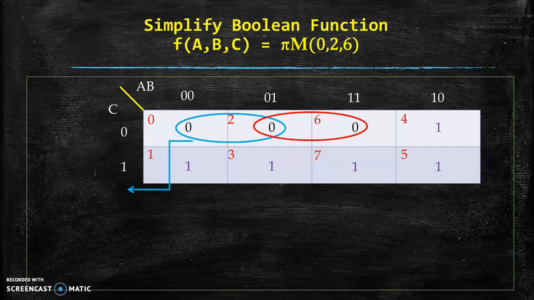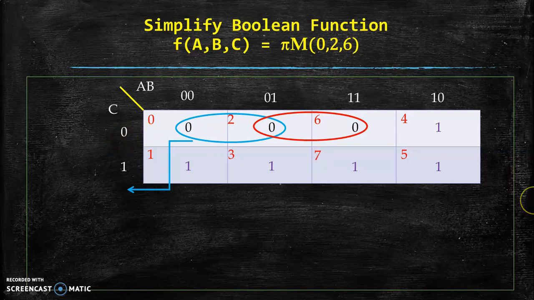For the first horizontal pair, we can see that it is 0 0 and 0 1. So A remains constant 0 and B is shifting from 0 to 1. So B is eliminated. We have to write A because it is 0, so 0 is not complemented. And for C again we have 0.